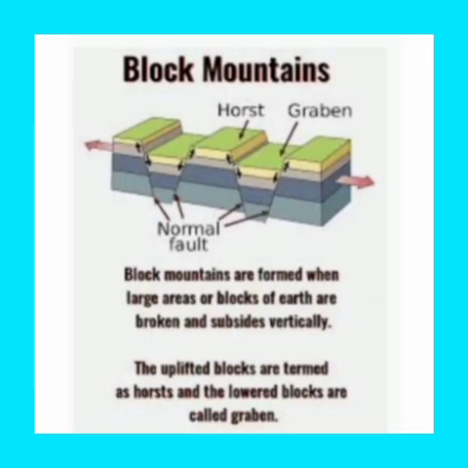Then block mountains. Block mountains are formed when large areas or blocks of earth are broken and displaced vertically. The uplifted blocks are termed horst and the lowered blocks are called graben.